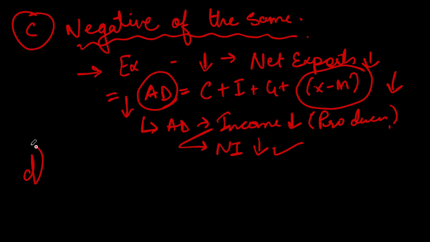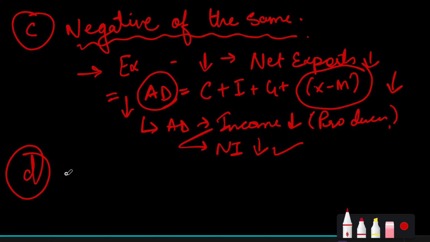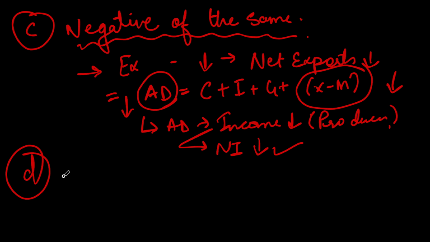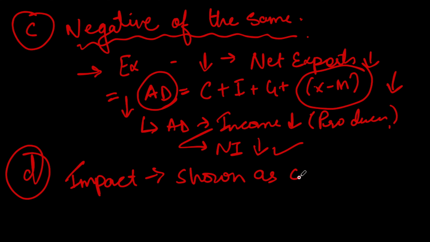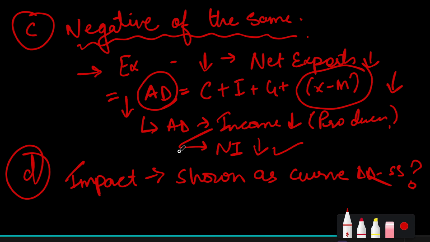Now let's talk about part D of it, which is the impact on the foreign exchange demand and supply curve. The impact is to be shown on the curve of demand and supply. So let us understand how you are going to show this in your demand and supply curve. Since appreciation has occurred, appreciation will occur only in two cases.